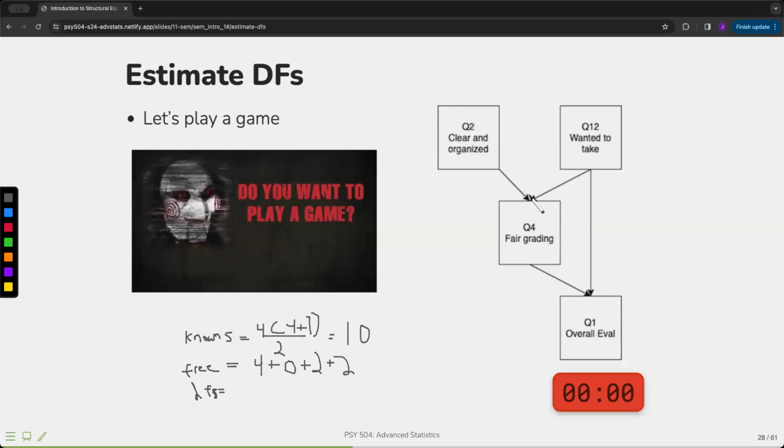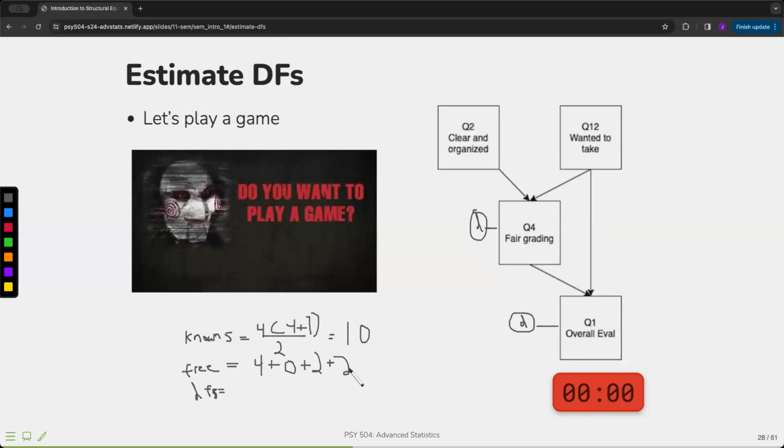So since arrows are pointing into this particular variable, we give it a disturbance, because it has an arrow pointing into it. And then this one would also be a disturbance, right? Because you have an arrow pointing into it. So a particular variable would never have a disturbance and also measurement error, or double errors.